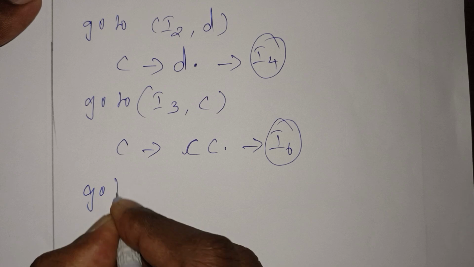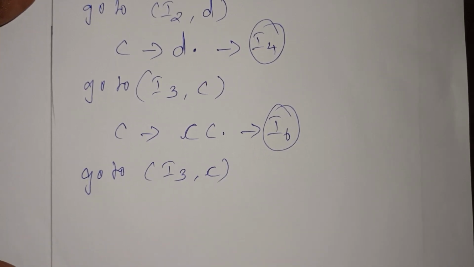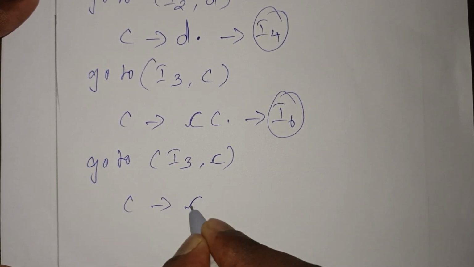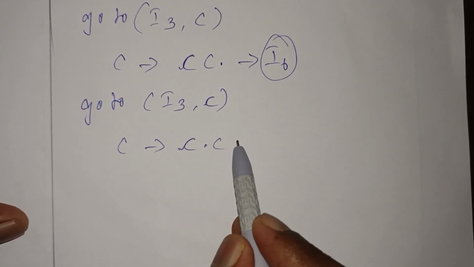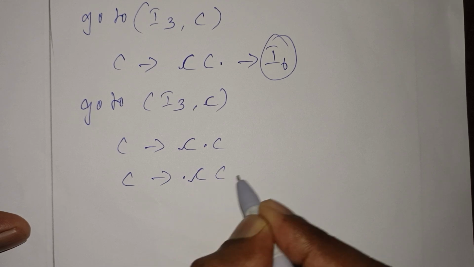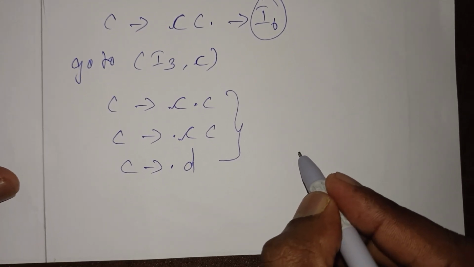Again, I am going to the goto function, iteration number 3 comma small c. I am deriving the same iteration: C tends to small c dot capital C. You can see here a terminal and a non-terminal, so we use the same rule and expand. C tends to D dot. This you all know, this is not a new iteration.